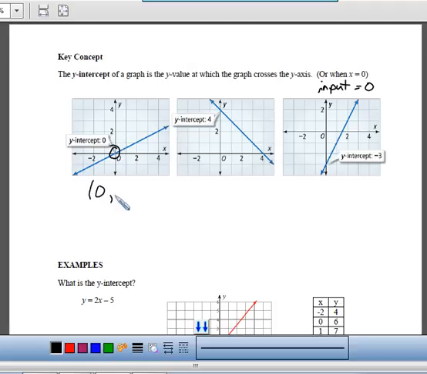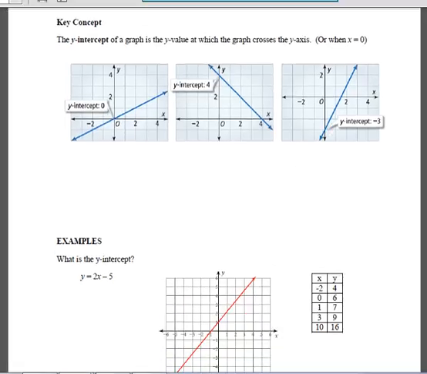It's 0, 0. If I look at this one, it's right there. I figure out what the value is when x is equal to 0, and it's 4. And this one here, I figure out what the y value is when x is equal to 0, and it's negative 3.